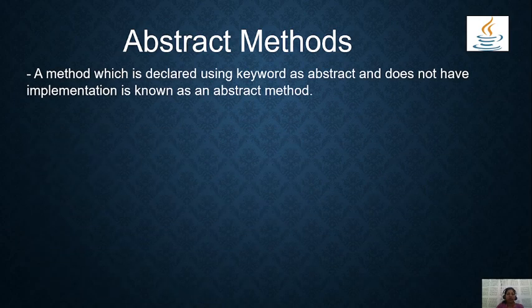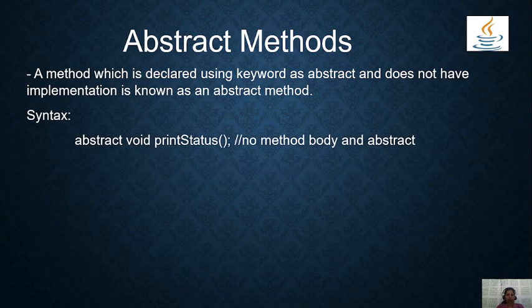Like the abstract class, we also have abstract methods. An abstract method is declared using the keyword abstract and does not have any implementation. What is the syntax? The abstract keyword is important: abstract void printStatus.